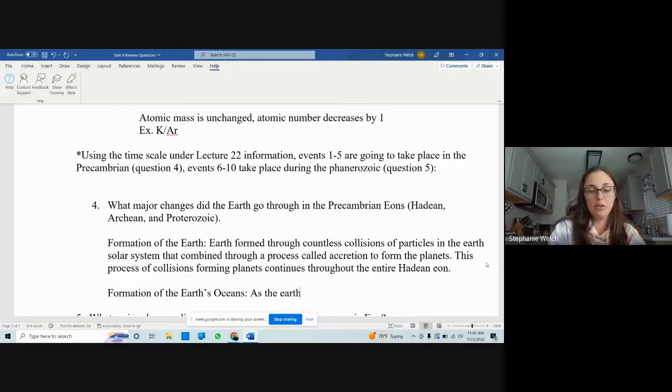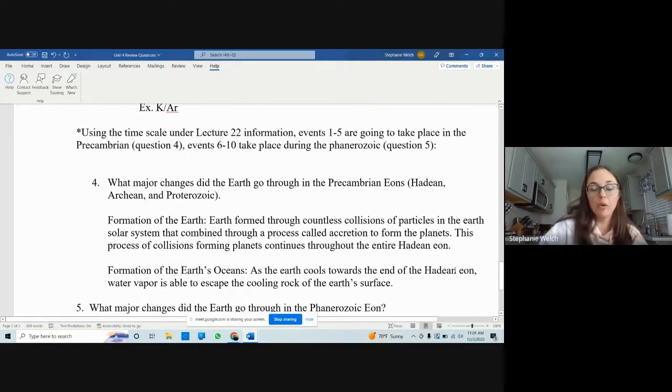As the Earth cools towards the end of the Hadean eon, water vapor is able to escape the cooling rock of the Earth's surface.